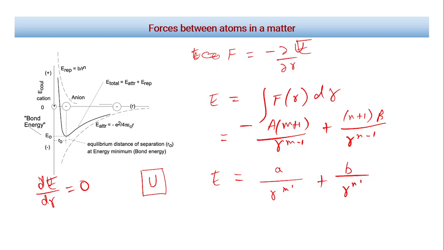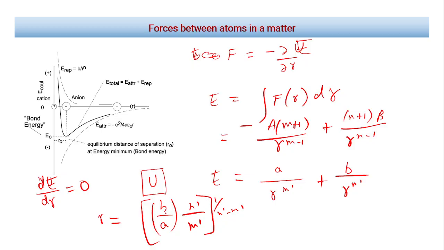It just means the same. So when we take the derivative of this and equate it to 0, we'll get what that equilibrium distance is. This is a very easy derivative, and you can do this. So this is that equilibrium distance which the atom will take. And then B, A, all these parameters again depend on the atom.